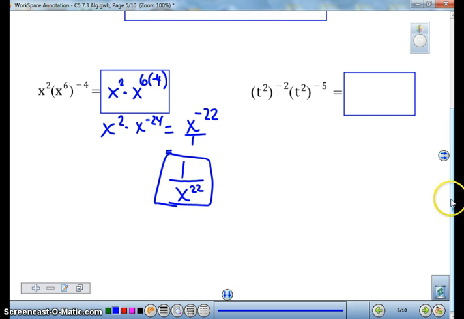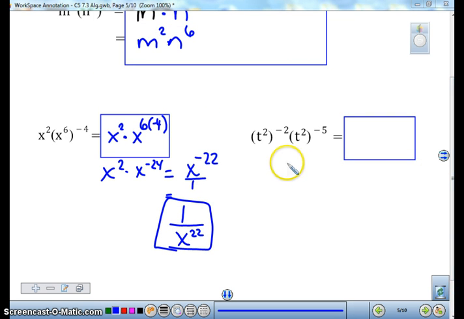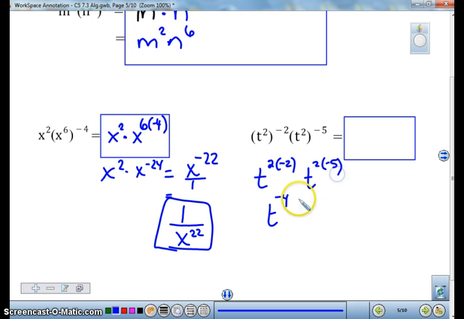Again, let's take a look at this next one as we simplify. We have t to the second raised to the negative 2, t to the second raised to the negative 5. First, we're going to take t to the second times negative 2, multiplying those, to get t to the negative 4. Here we're going to have t to the second times negative 5, which will give us t to the negative 10.